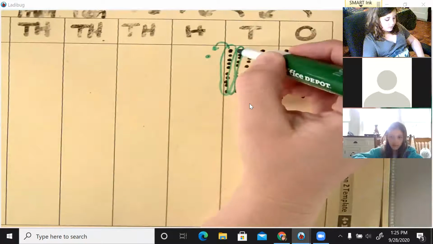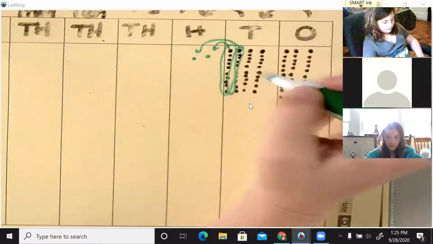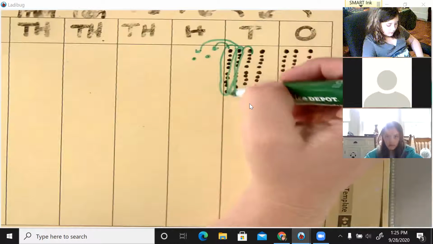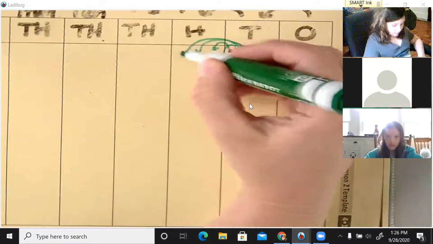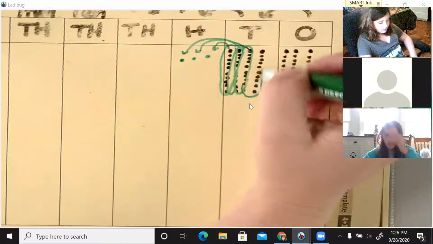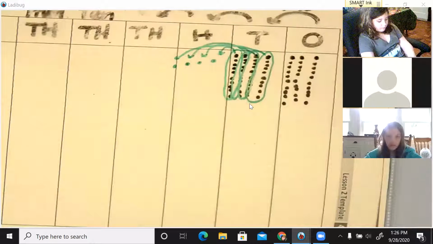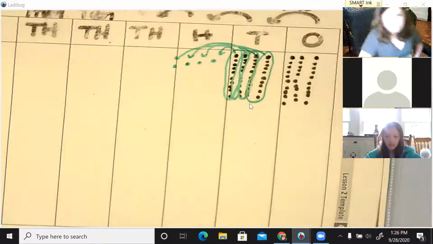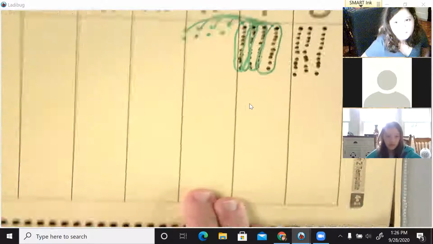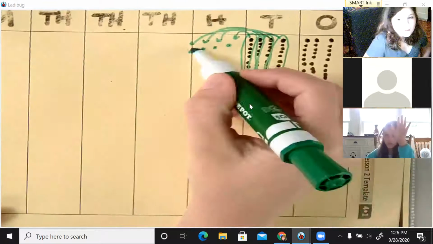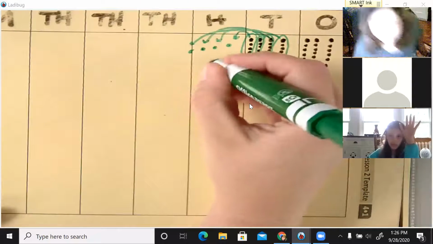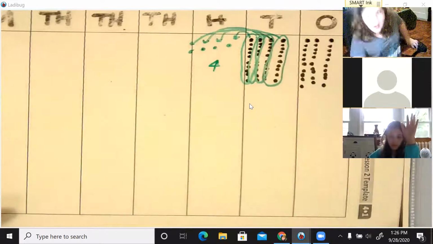This group of 10 tens gives me another 100. This group gives me another 100. And this last group gives me another 100. So I have 1, 2, 3, 4 hundreds total.